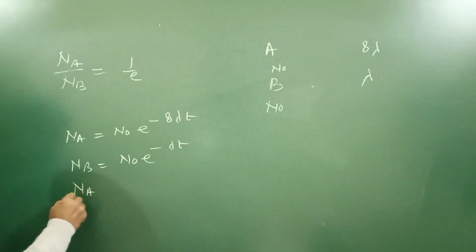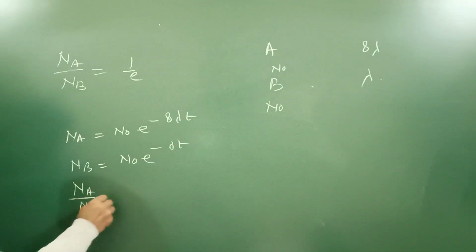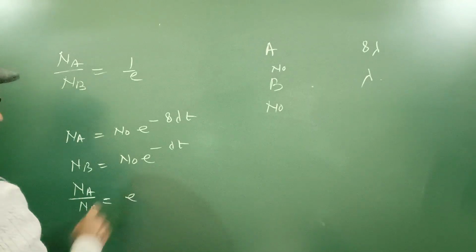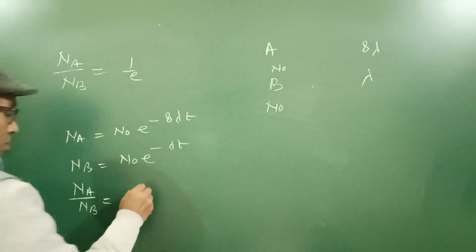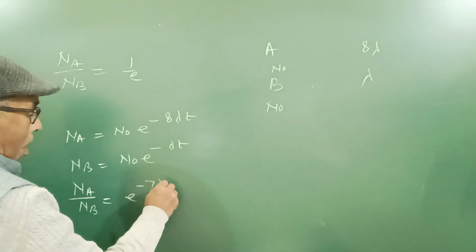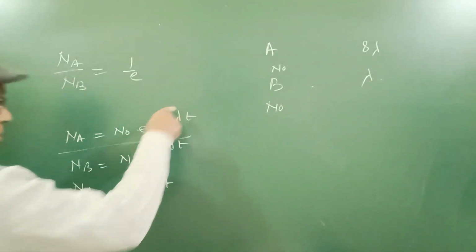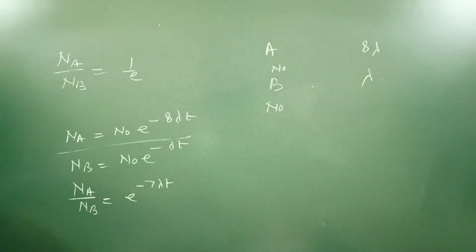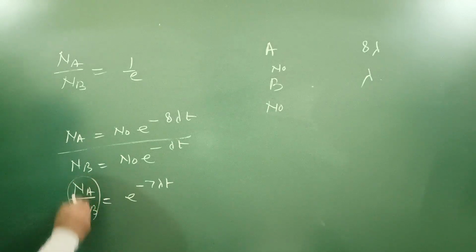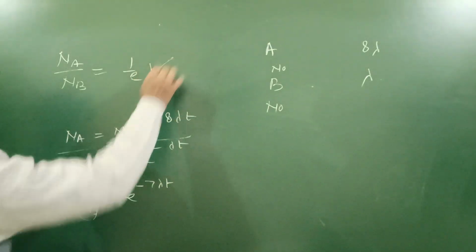N_A upon N_B is equal to e to the power minus 7 lambda t. When we divide, we get minus 8 lambda t minus lambda t, that is 7 lambda. And this ratio is 1 upon e, given.